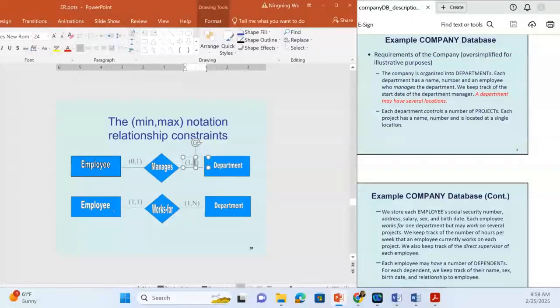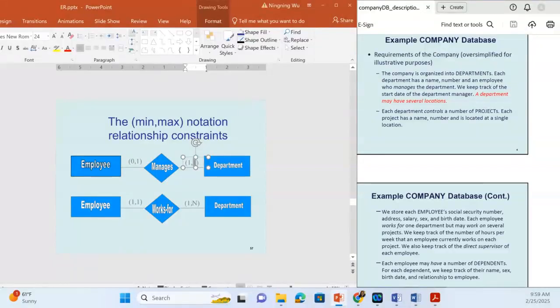So that means an employee can relate to only one department, because an employee has only one relationship instance. He or she can participate and must participate. So that's why employee works for department means that an employee works for only one department.